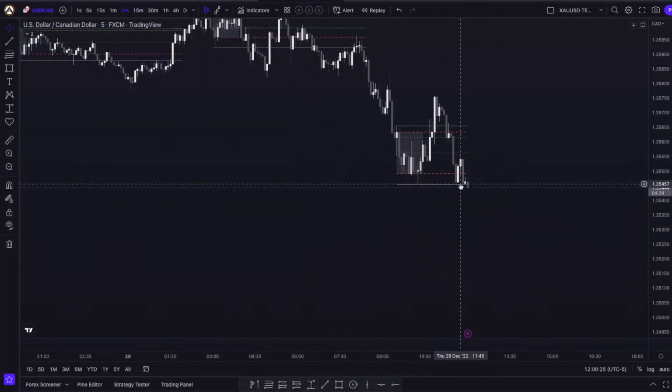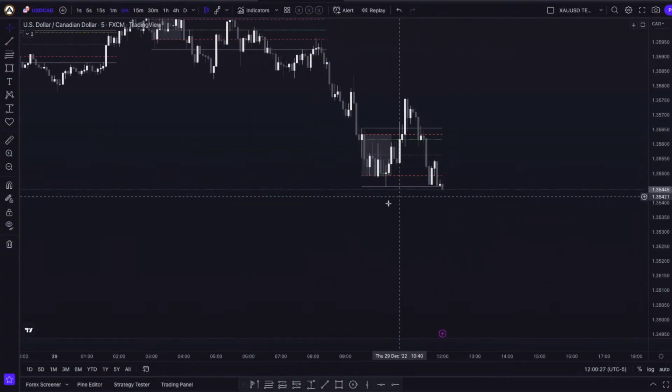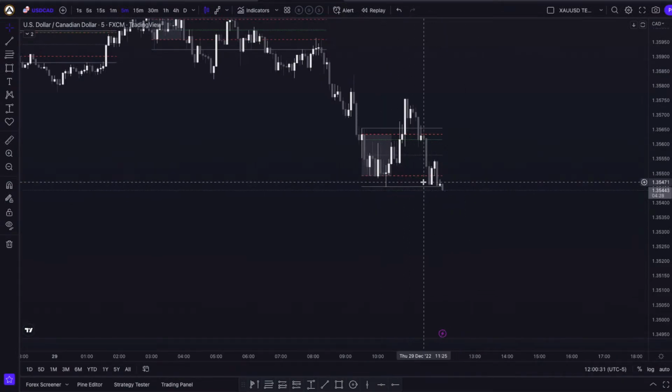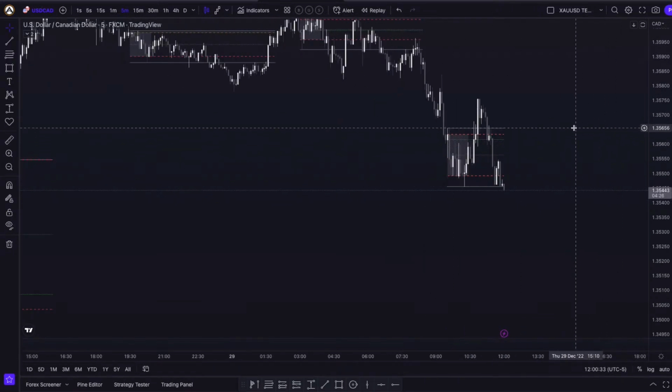USD CAD now broke the DR low, which would basically invalidate this whole theory or strategy, but I mean, it's part of it.